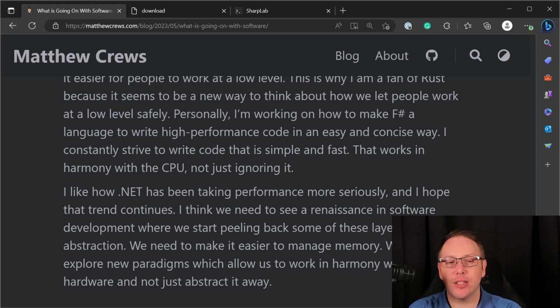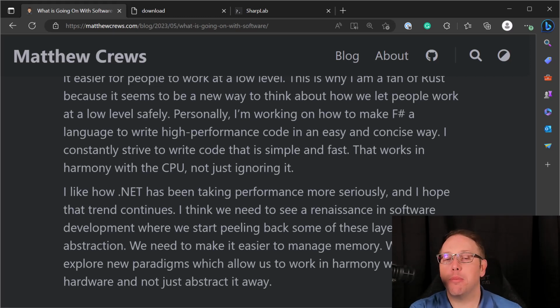So this is where I'm at, and this is what I am wrestling with. Fortunately, I think F# provides a lot of the facilities to write very high performance code using a procedural style. The core engine parts of my code are often written in a very procedural style. I have a joke where F# is my favorite language to write C in, because the structure of it is very C-like.